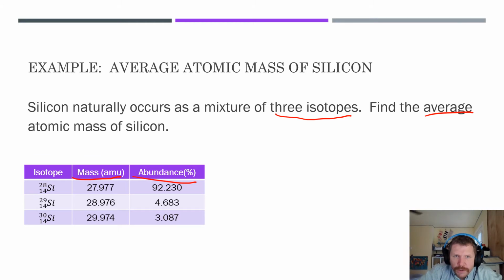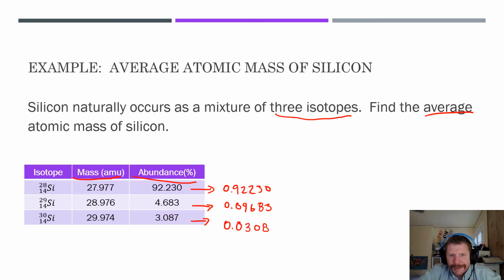Instead, what you do is you take these percentages and convert them to decimals. So I'm going to say 0.92230, 0.04683, and 0.03087.